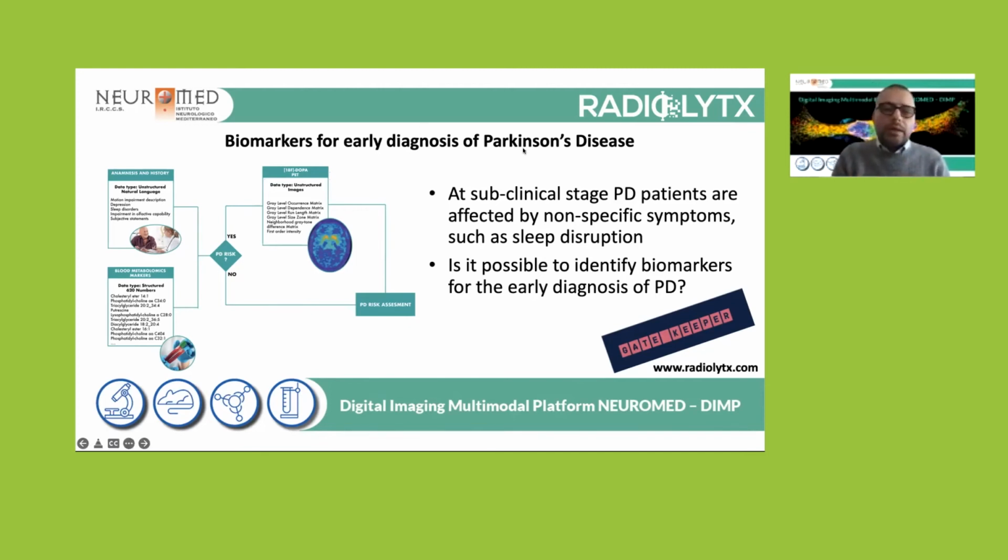The problem is that at the subclinical stage, Parkinson's patients are affected by non-specific symptoms such as sleep disruption. So is it possible to identify biomarkers for the early diagnosis of Parkinson's disease? A patient has an anamnesis first, goes to the medical doctor and reports initial non-specific symptoms, mainly sleep disorders and depression.